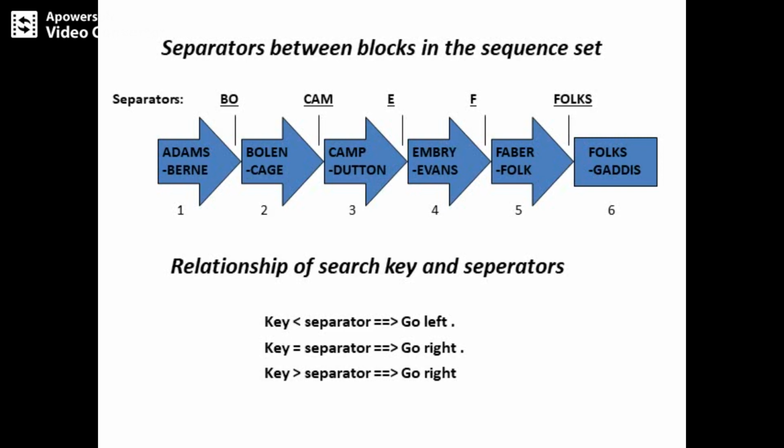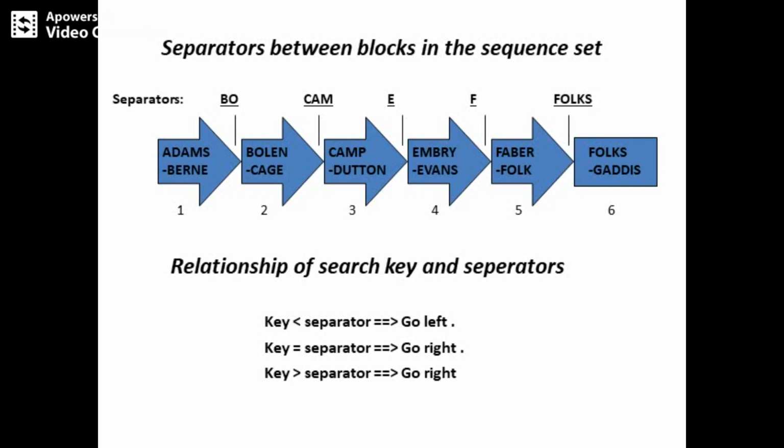CA is common to both, so I cannot take the separator as C or as CA. I have to take the separator as CAM. If your key is less than CAM, go to block 2. If your key is greater than CAM, go to block 3.